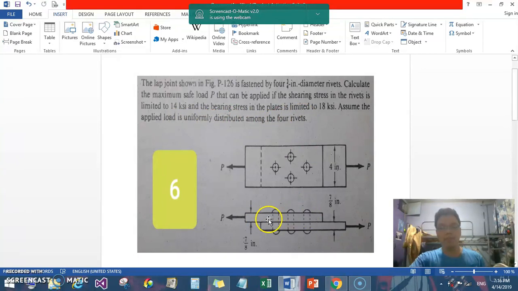So the problem here involves the rivets and two plates fastened together. Now, for the concepts involved, this type of problem is an exaggerated bearing deformation of plates. Shearing stress is a type of stress wherein the force applied is parallel to the area.